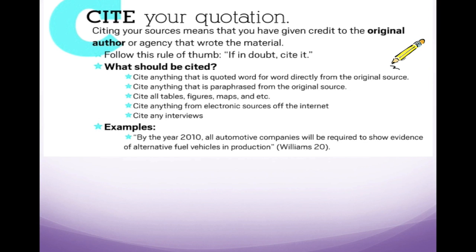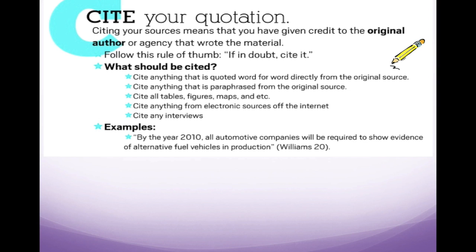Here's an example. By the year 2010, all automotive companies will be required to show evidence of alternative fuel vehicles in production. And then you see at the end of this sentence here, Williams 20, it's in parentheses with a period at the end. That, ladies and gentlemen, is exactly what I'm looking for. When you do a citation, it's actually quite simple.